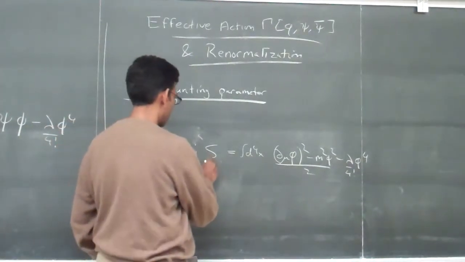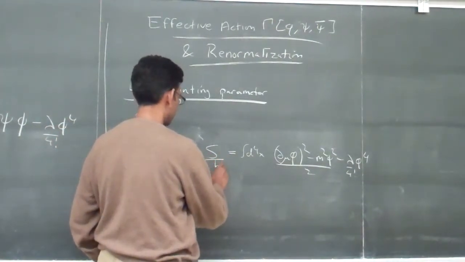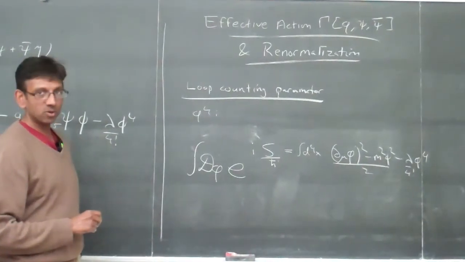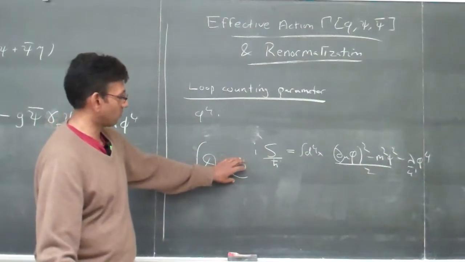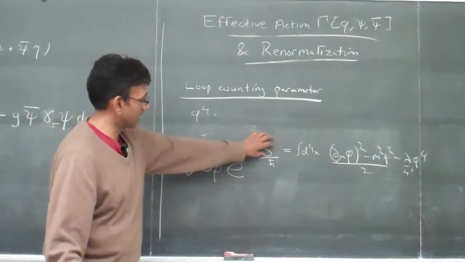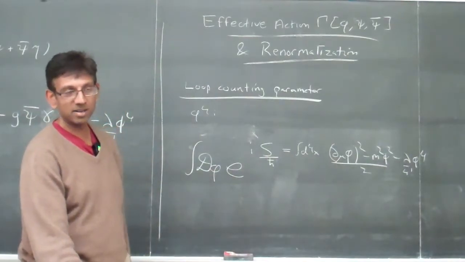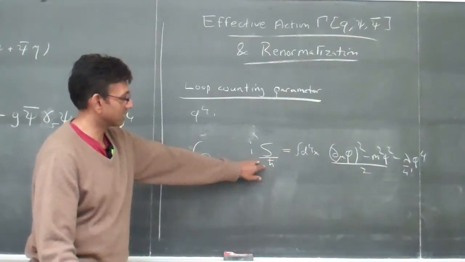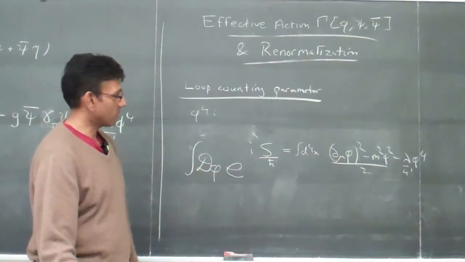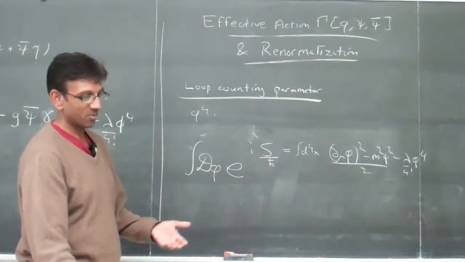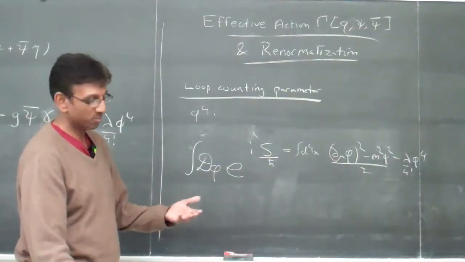First of all, by dimensional analysis, the path integral knows about the classical action only in the form e to the iS. But by dimensional analysis, it must be e to the iS over h bar, because h bar has the units of action. So this previously set to 1 thing is sitting there. Somehow we think of h bar as the thing that controls quantum corrections, which we often think of as loop corrections.